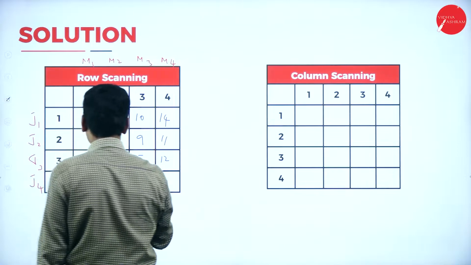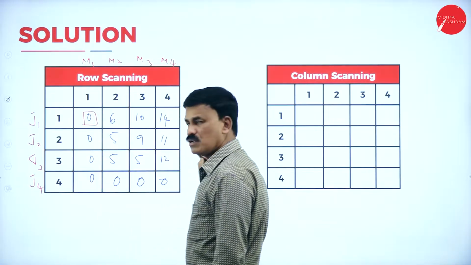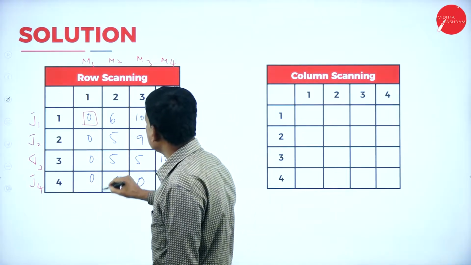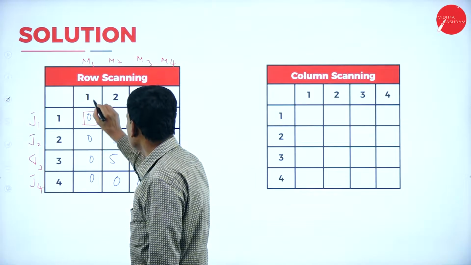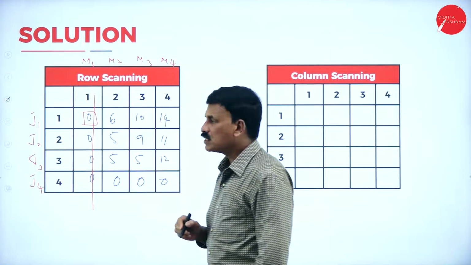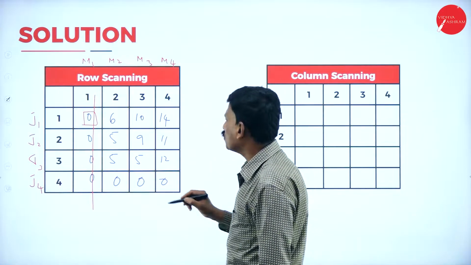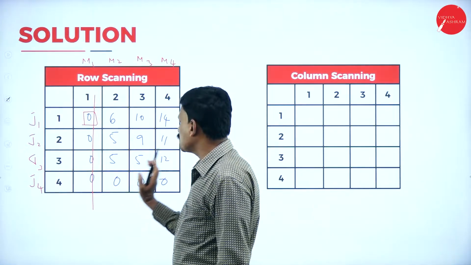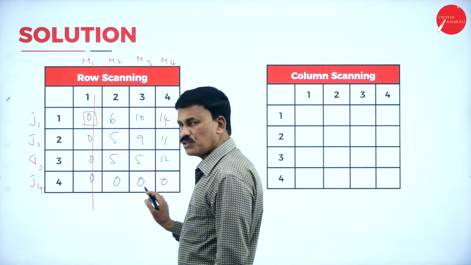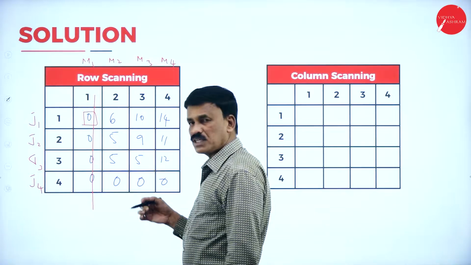And if there is any 0 in the first row, cancel the entire column. So we can cancel this column. Now let us come to the second row. In the second row there is no 0, and in the third row also there is no 0, whereas in the fourth row we have 3 zeros, we can skip this.